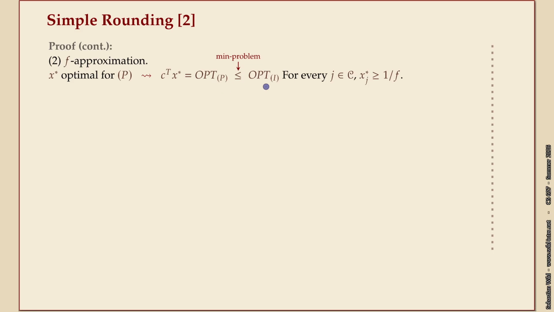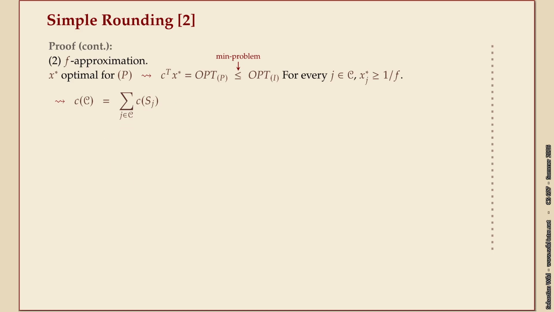And that's a lower bound on the optimal solution for the integral problem. And for all the sets that we picked, we have this lower bound on the x_j entry, 1 over f. Otherwise, we wouldn't have picked that set. So we can use that to just bound the cost. We take the cost of the sets that we pick. It's the sum of all the sets that we picked.